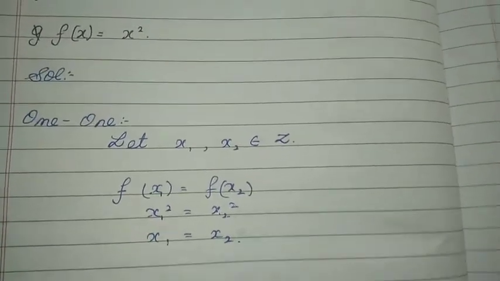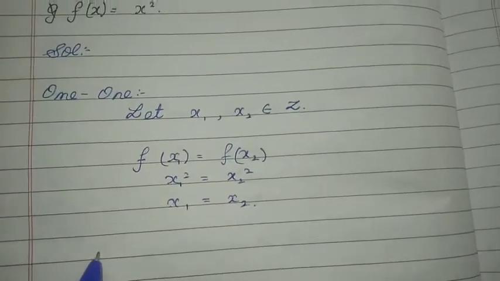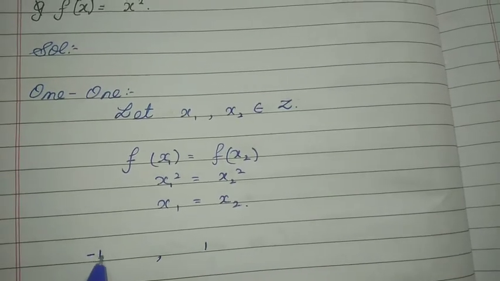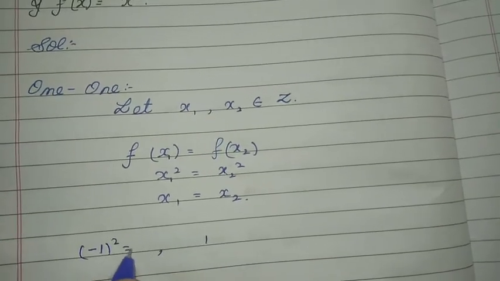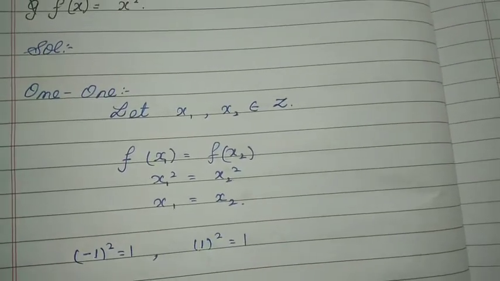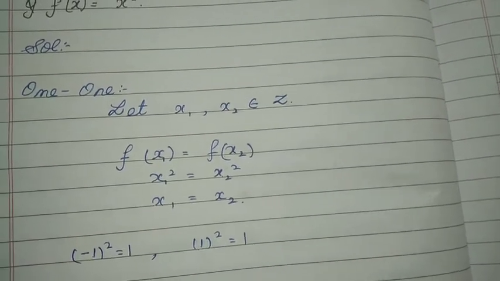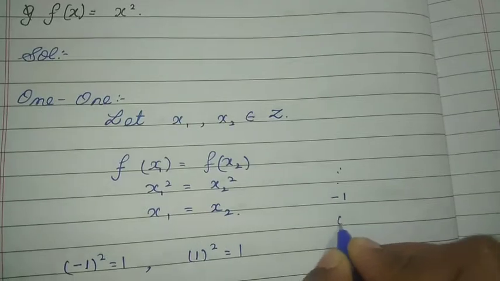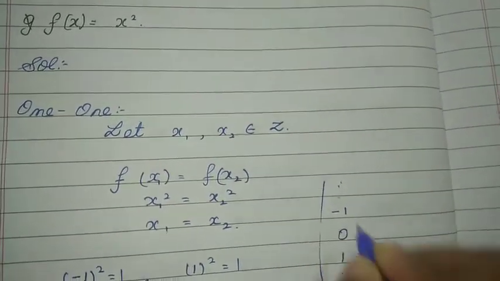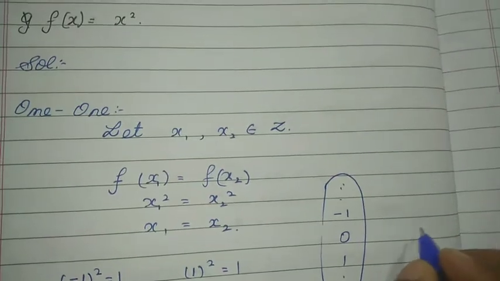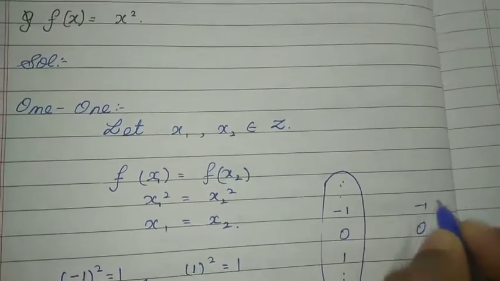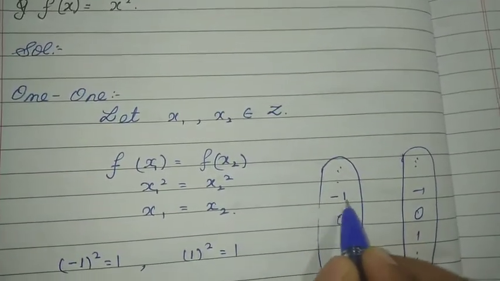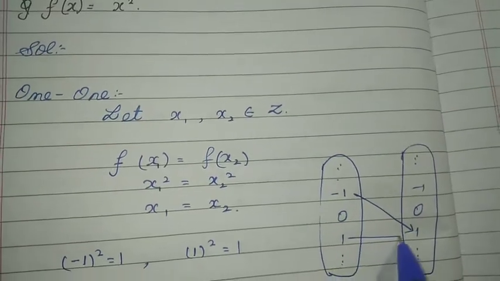But in case, for example, if I take x1 as minus 1 and x2 as 1, minus 1 the whole square also is 1, and 1 square also is 1. So that is not 1 to 1. In the domain I have minus 1, 0 and 1, etc. So minus 1 square also is 1, 1 square also is 1.